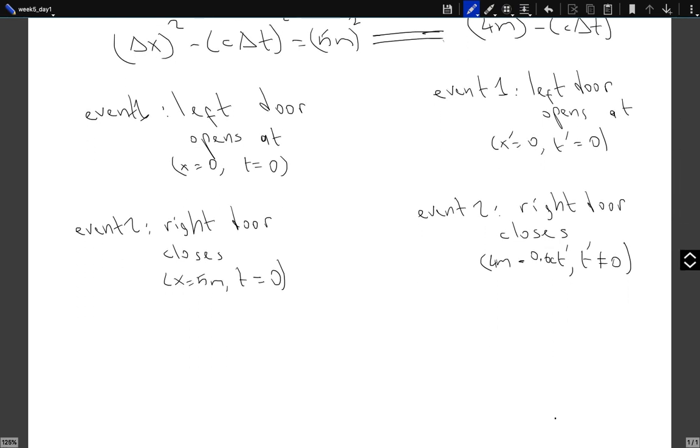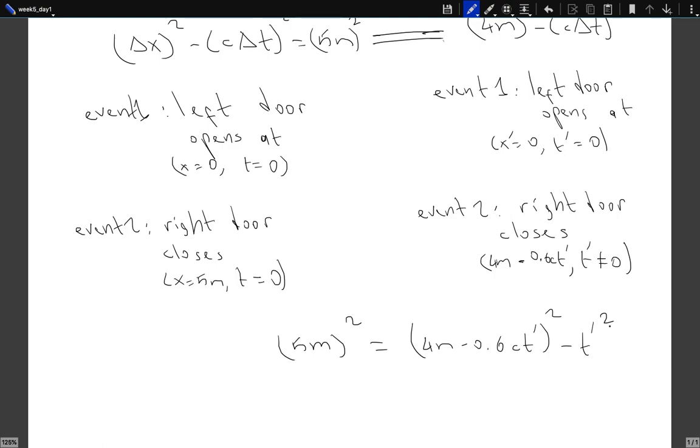So now what do we have? Well, delta x squared minus c times delta t squared in the initial reference frame is 5 meters squared. And this should be equal to, in the other one, 4 meters minus 0.6 c t prime, squared, minus c t prime squared.